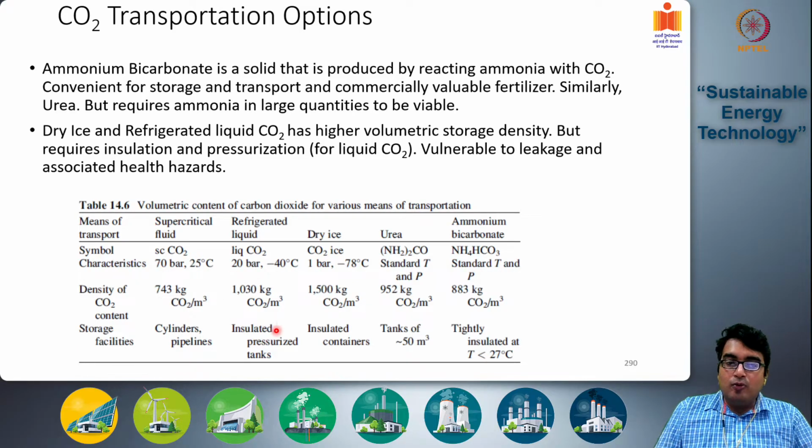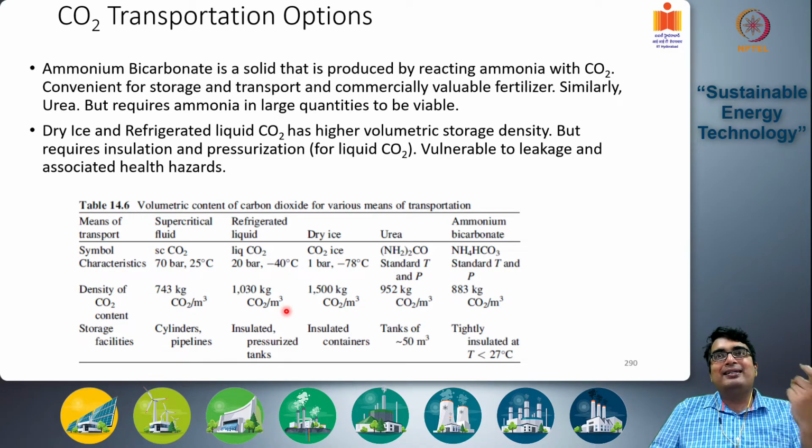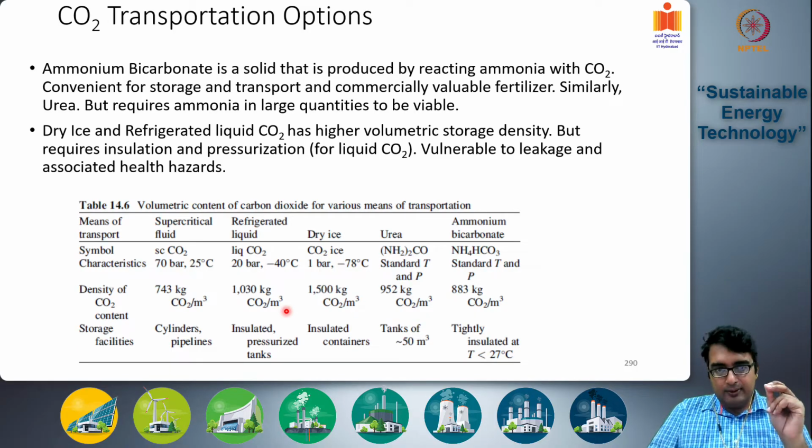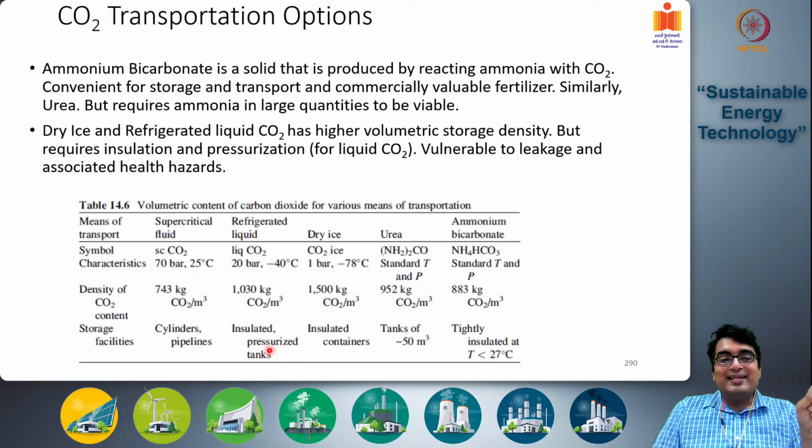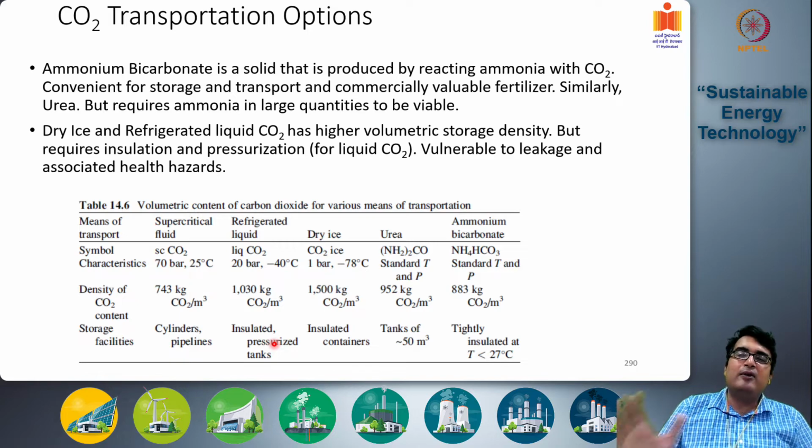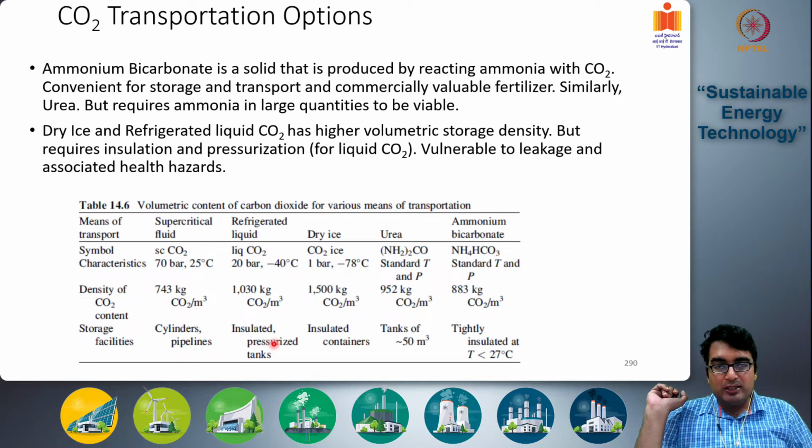You are able to store more CO2 per meter cube of space you are using to keep this, about 1030 kgs per meter cube. Remember, density of water is 1000 kg per meter cube, so you can compare with that. Okay, but this has to be stored in insulated pressurized tanks. So not only do you have to do it pressurized, but it has to be well insulated. Okay, and you cannot refrigerate indefinitely. You have to refrigerate through the entire transportation system. So the cost is somewhat higher.